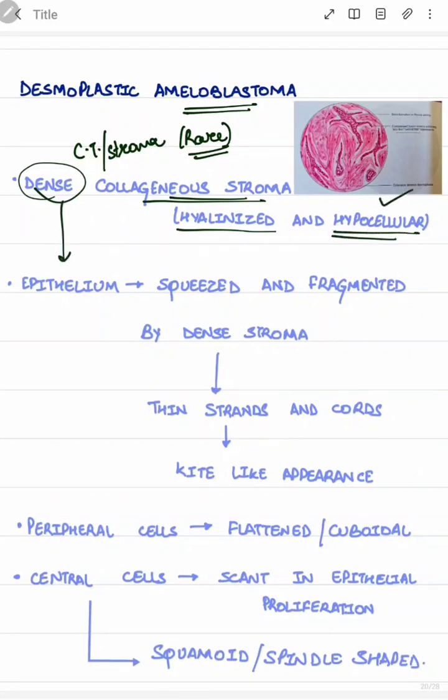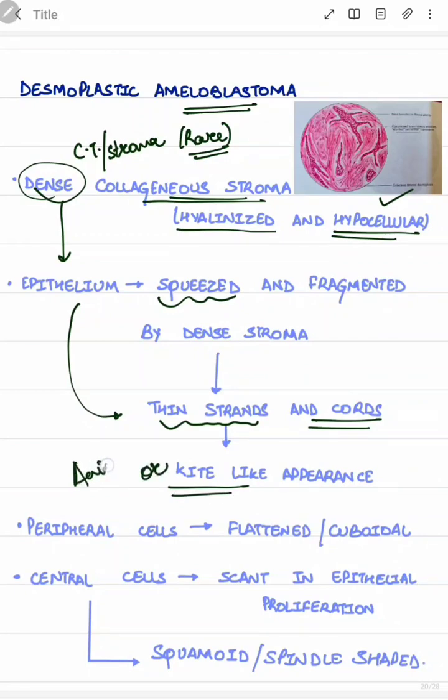Due to this dense collagenous stroma, the epithelium will be squeezed and will take the shape of thin strands or cords, which will appear like a kite or an animal. So in desmoplastic ameloblastoma, we can see kite-like or animal-like appearance of the odontogenic epithelium. The peripheral cells are flattened or cuboidal and the central cells will be squamoid or spindle in shape.